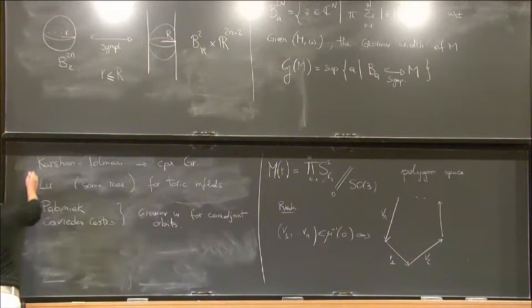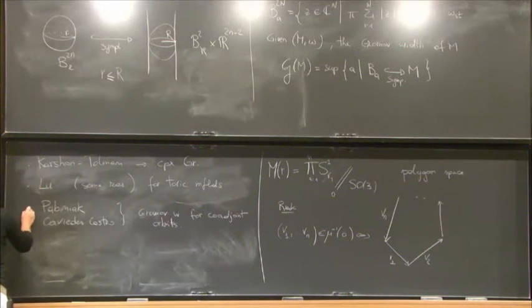Correct me if I'm wrong, but I think there are not many other examples for which the Gromov width is really known.